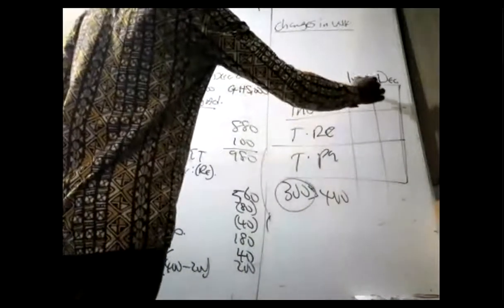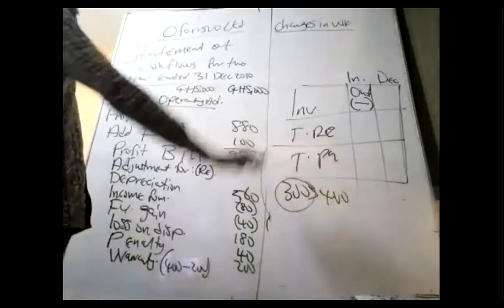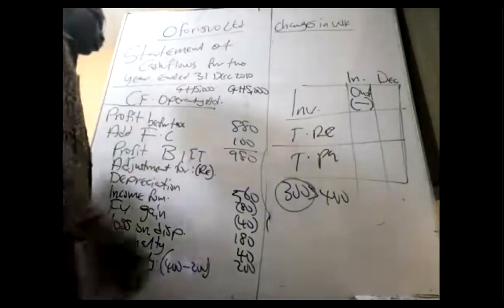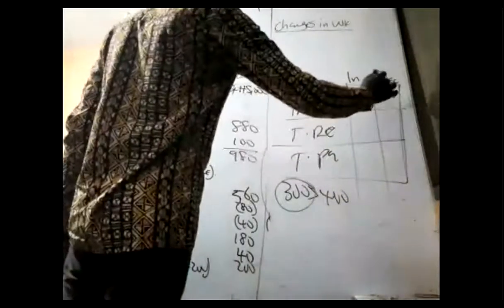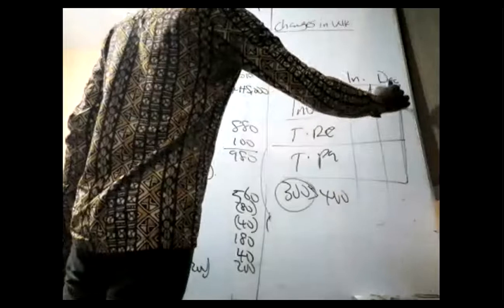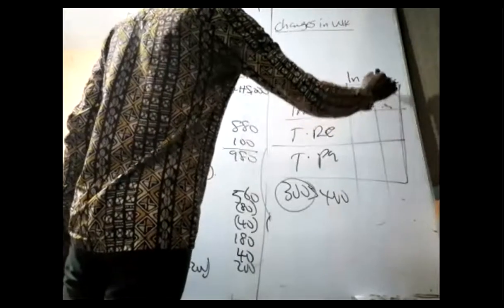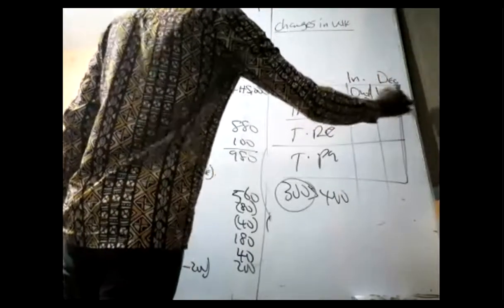Outflow means put it in bracket. What if inventory level decreases? Oh, when inventory decreases, that is an inflow, meaning that you have made some sale. So that one is positive.